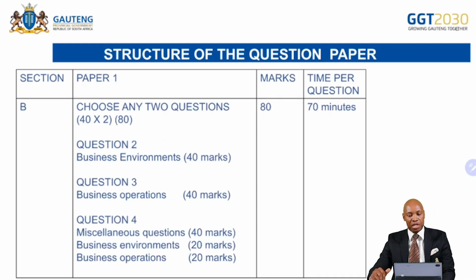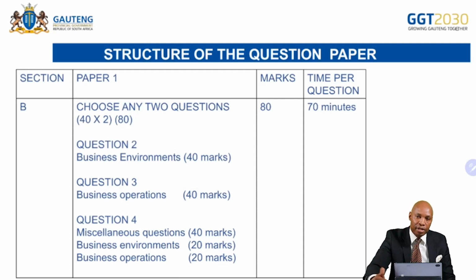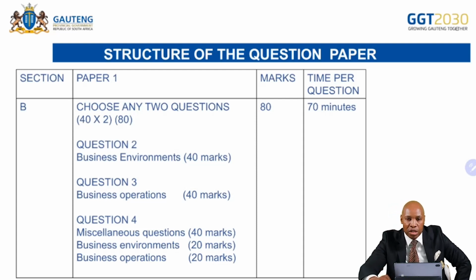Now let's get to section B, candidates. In section B, you have 3 questions. Out of the 3 questions, you must choose 2 questions. Can I warn you? It is important that when you choose a question, you are sure that you will get 40 marks out of that question.